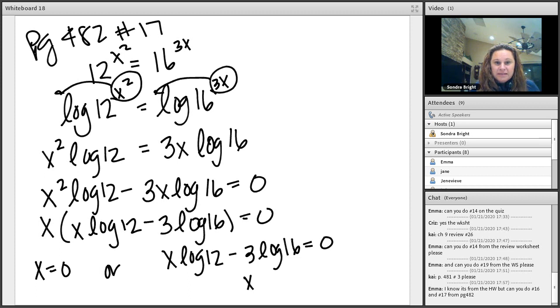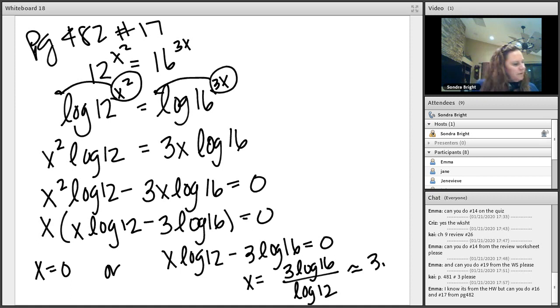Solving for x, x would be a positive 3 times log of 16 divided by log of 12, which is approximately 3 log 16 in parentheses divided by log of 12. 3.3473, so I got 3.347, and also x is 0. So either one of those will work.